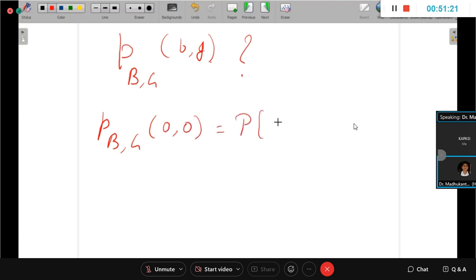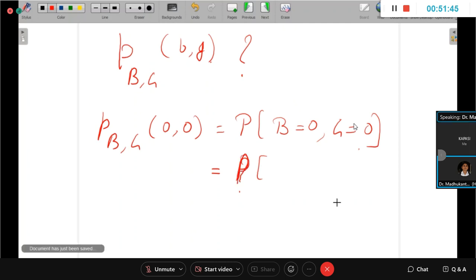So probability of B equals to 0, G equals to 0. What is that? 15% means 0.15.